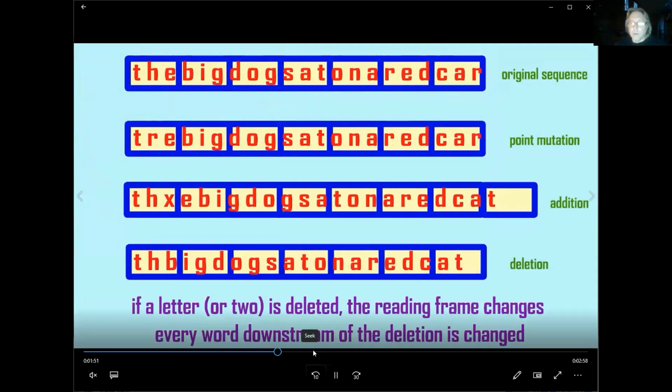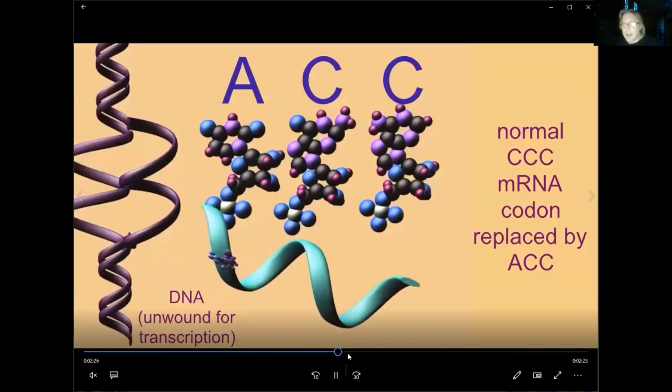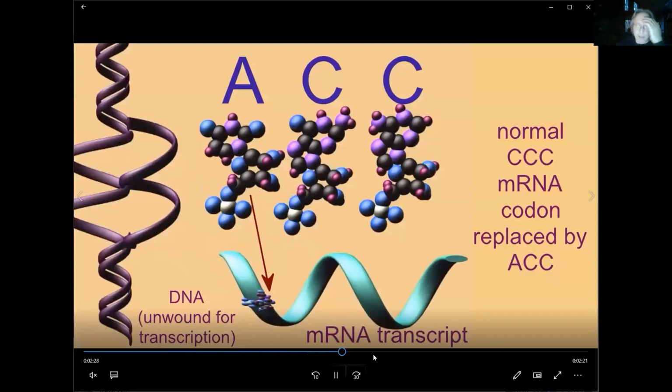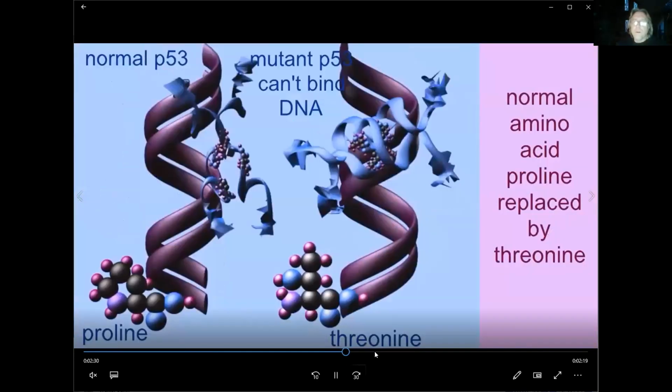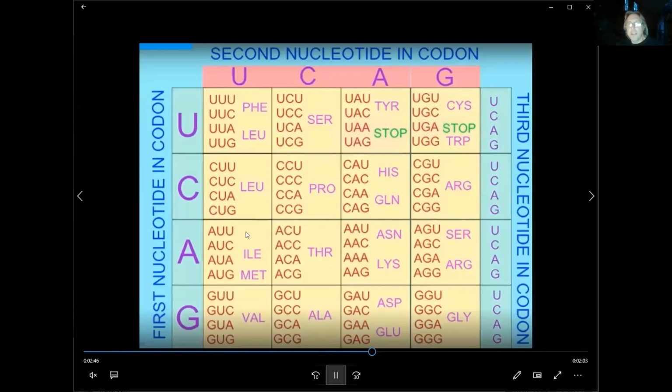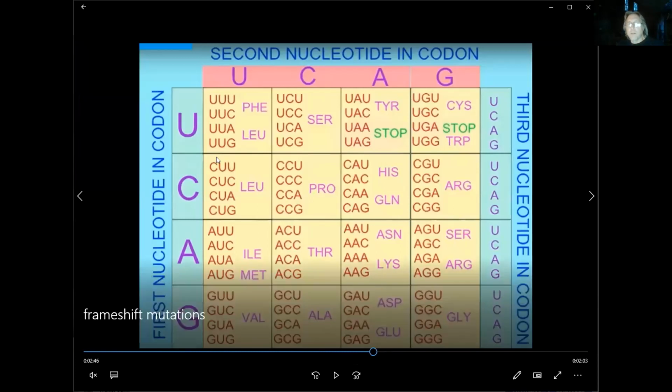Now then, going to DNA as opposed to those letters in a word, a point mutation could change the amino acid. If something like CUU was changed to UUU, now instead of coding for leucine, that would code for phenylalanine.